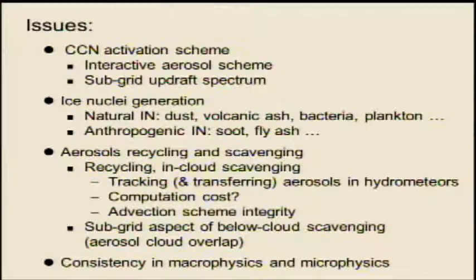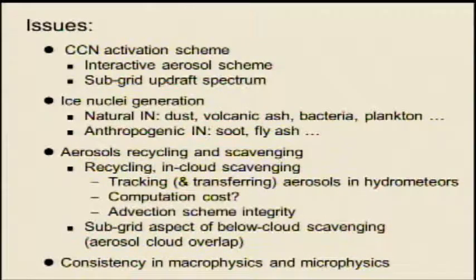So our scheme is very sensitive to aerosol size distribution and also the updraft speed. But in the global model, what is the updraft speed of the cloud? We have to take special consideration of that. So we try to use a spectrum of updrafts, either derived from the kinetic energy or some other parameterization or diagnosis.